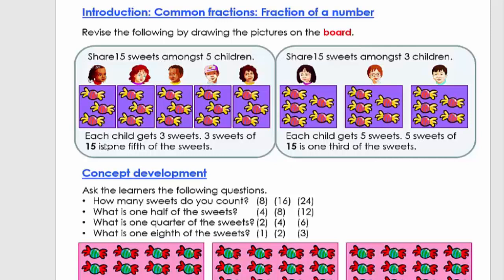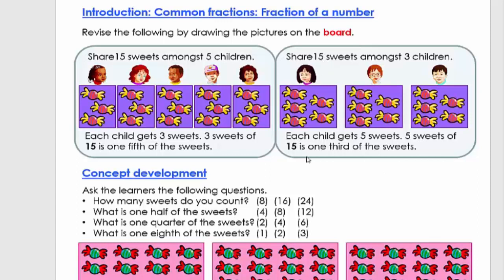So what does that mean? Each child gets 3 sweets. That means 3 sweets of 15 is 1/5 of the sweets. I want you to pause this activity and then ask your child to explain this to you.